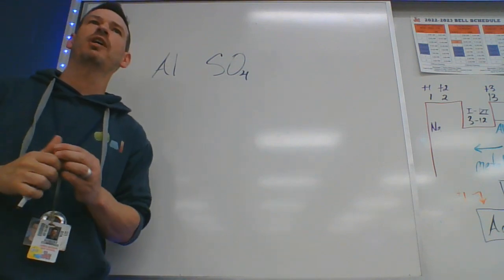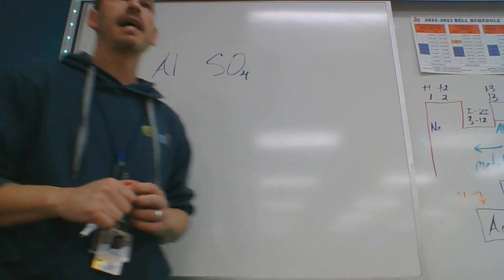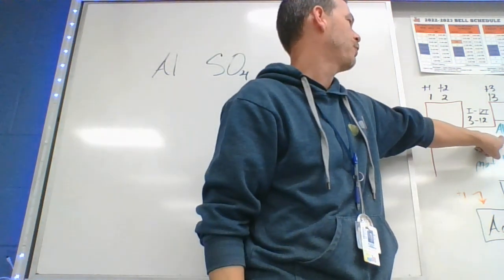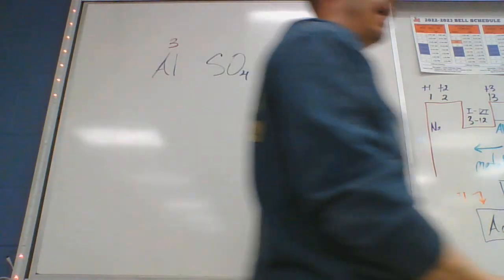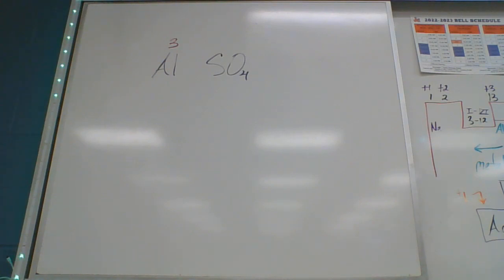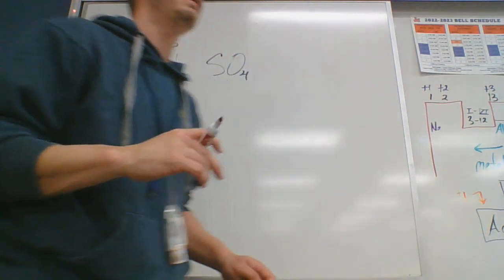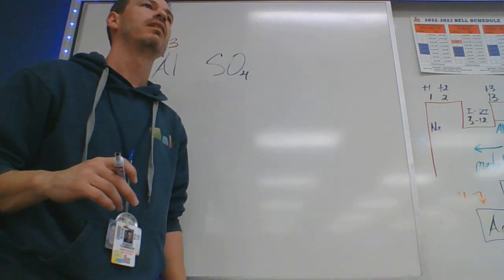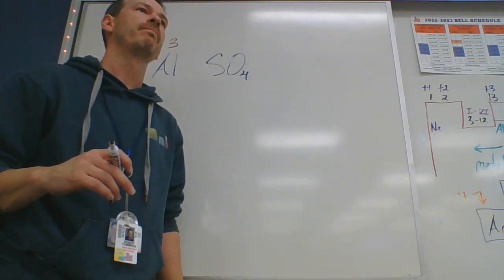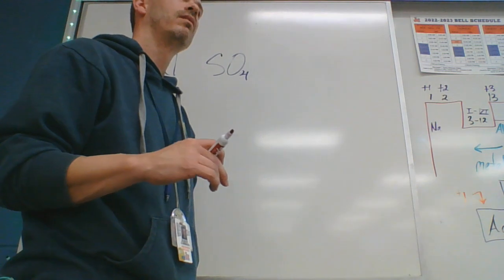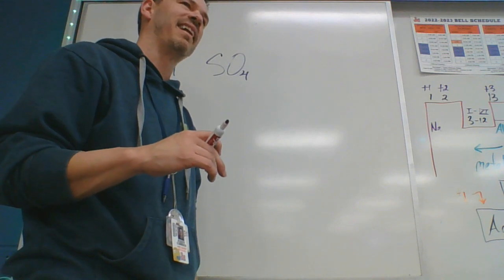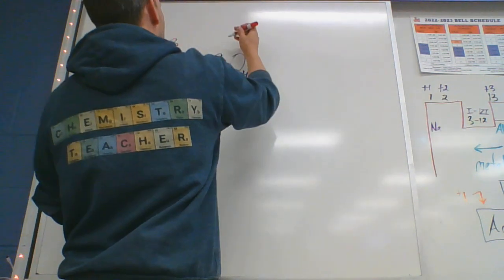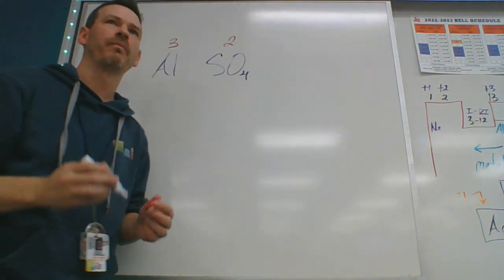Here come the other fun questions. Aluminum has a charge of +3 because he's in group 13. Now, aspen, what is the oxidation state of sulfate? Find him. He's on your polyatomic list. You just have to find him. Look at the charge. Negative what? -2. He's -2.